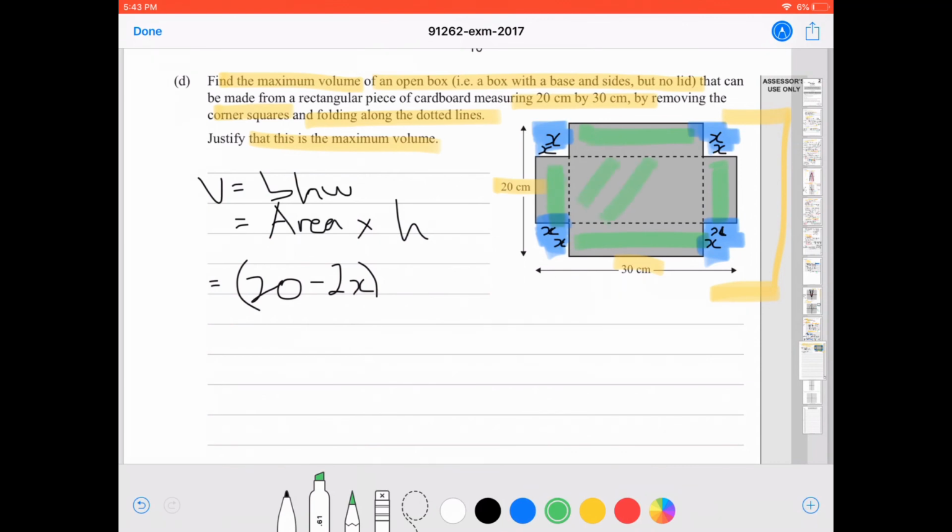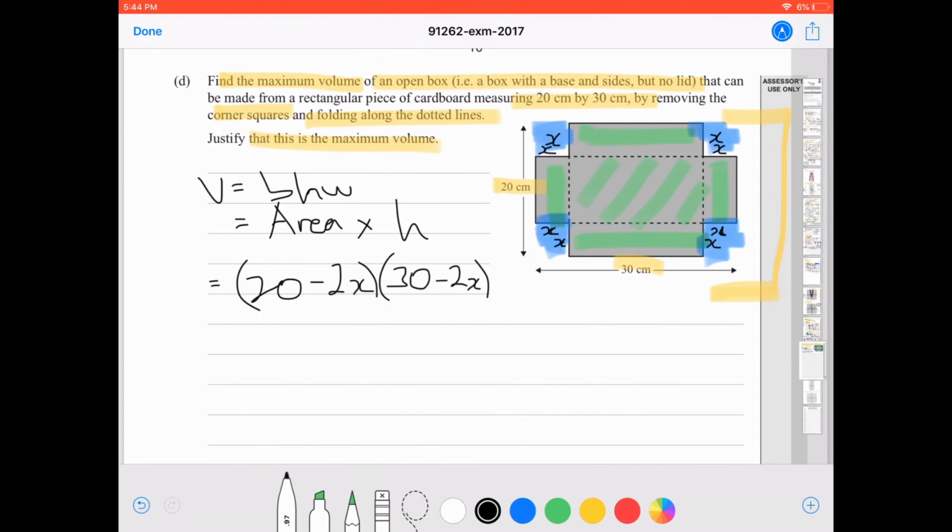Obviously you could do that, but rather, the area of the whole shape minus the squares cut out. Okay, so 20 minus 2x multiplied by 30 minus 2x.